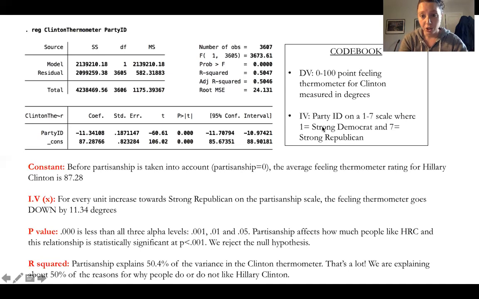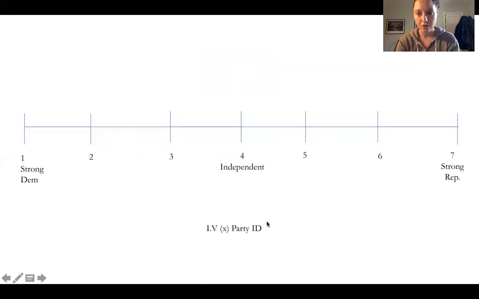Our partisanship scale ranges from 1 to 7, where a 1 is a strong Democrat and a 7 is a strong Republican. I want to show you what that looks like, because this is a very typical way that we measure partisanship. Here's the 7-point scale. Down here, a 1 is a strong Democrat.